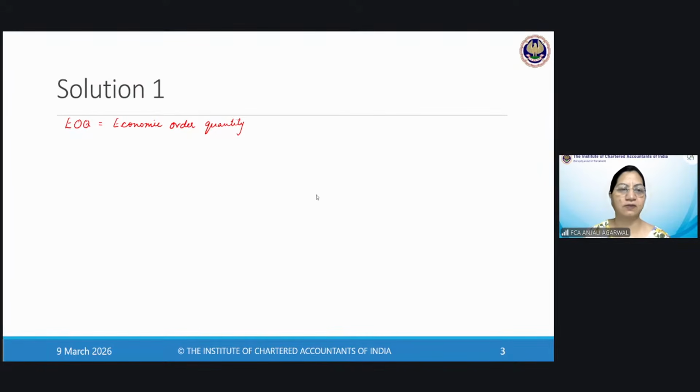Great, so economic order quantity is given by the formula under root 2 into A into O upon C, which can also be written as under root 2 into U into P upon S.